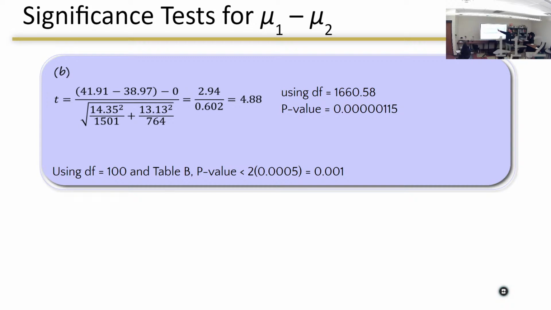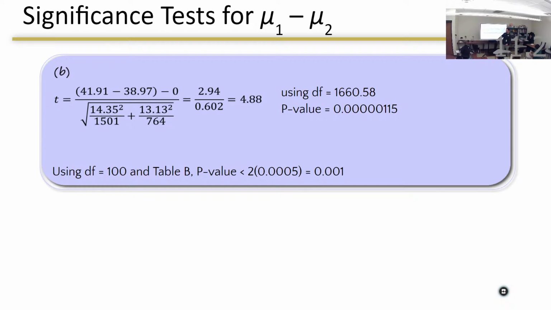They still got the DF of 1660.58, and they got the p-value, and they put 0.000000115. And again, they're okay with you saying the p-value is really, really small, or almost 0. You're a whole lot better saying that than 1.15.